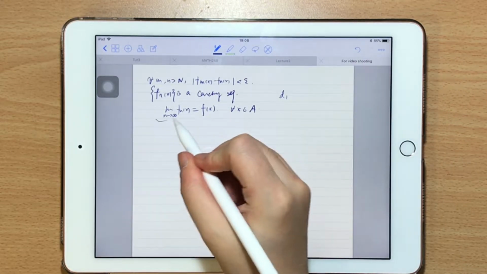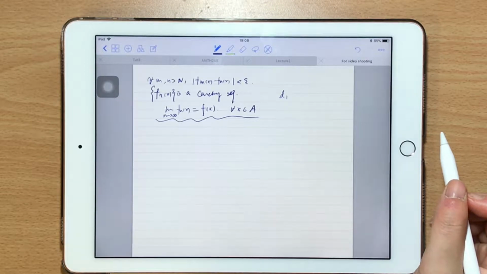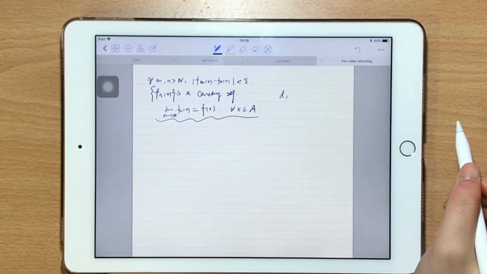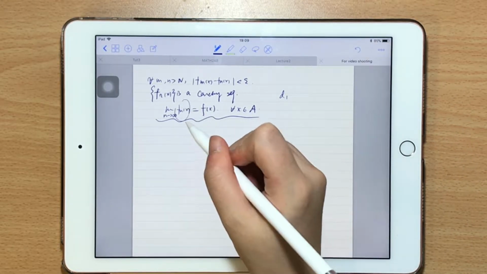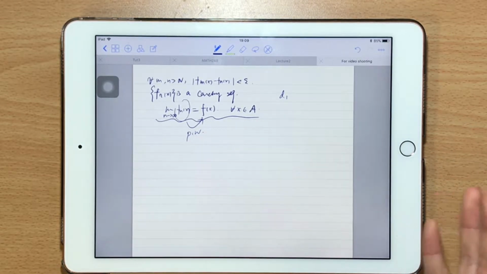So what does this equality tell you? It tells you that f_n(x) actually converges pointwise to the candidate function f(x), right? The limit function of f_n is the candidate function that we're choosing.